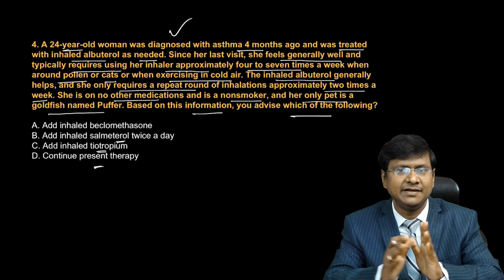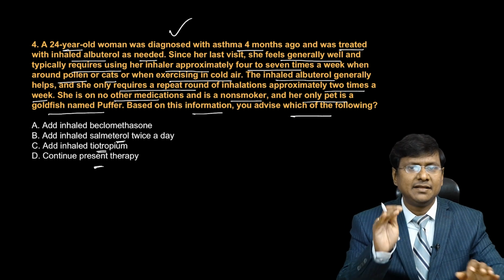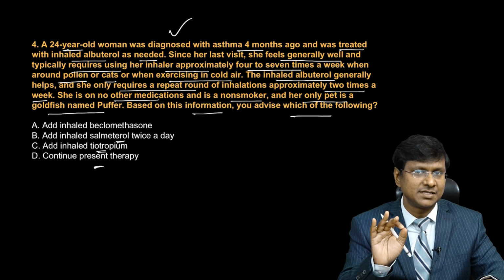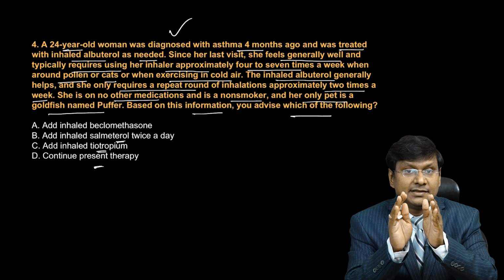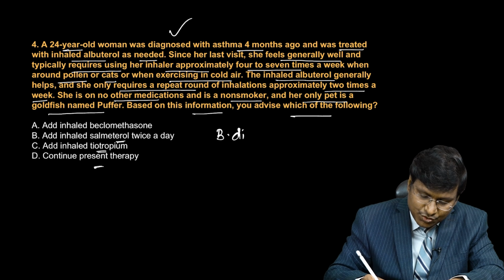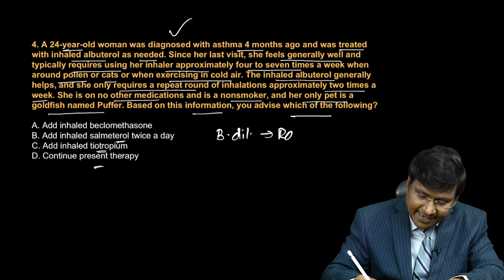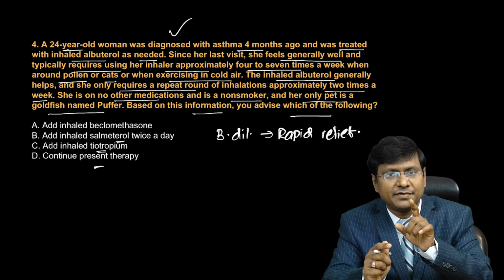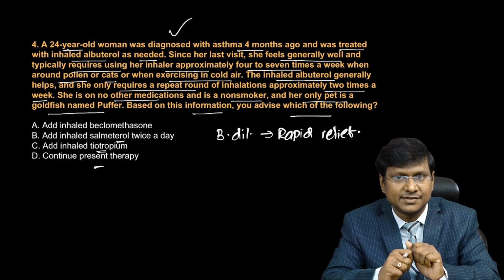So now if you see what are the main drugs for asthma, we have bronchodilators and we have the anti-inflammatory drugs. The bronchodilators are the ones which will cause the relaxation of the airway smooth muscle, and they help in the rapid relief of the symptoms. The next important group of drugs are the anti-inflammatory drugs.